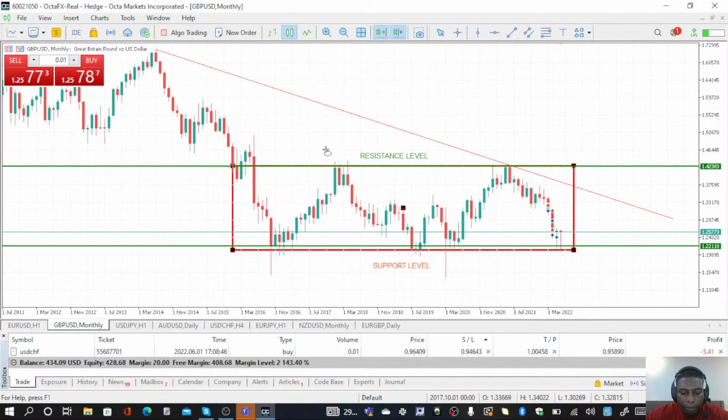We can see this one, another one here, then another one. So this is a level where resistance took place, and this is another level where resistance took place.